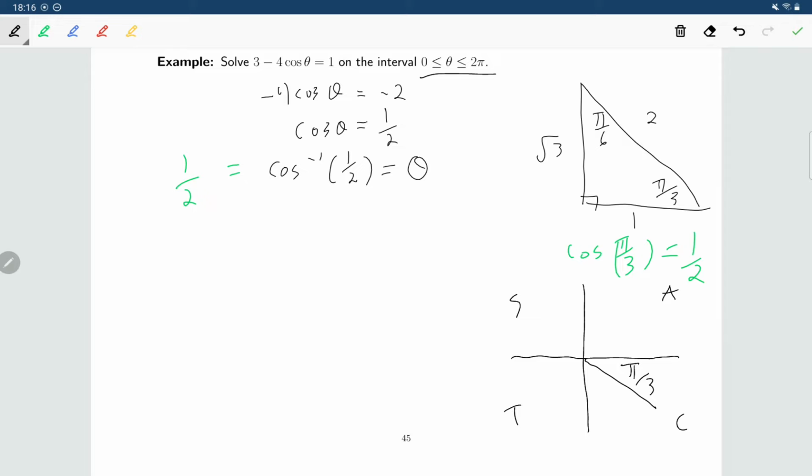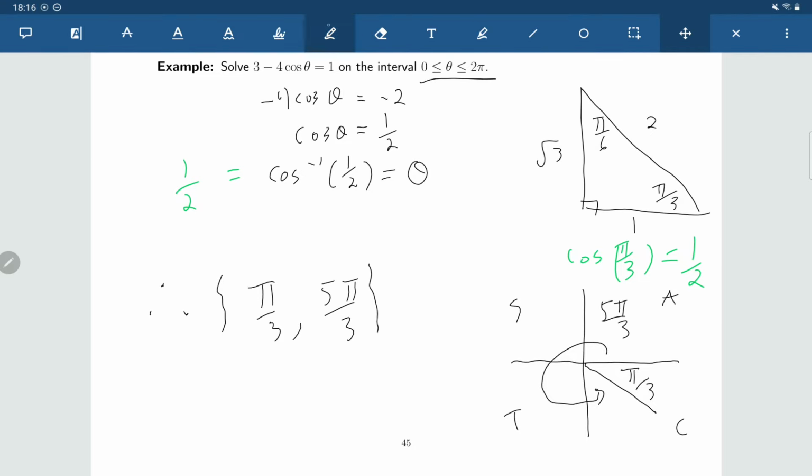So if we look at the angle that's got the reference angle of pi over 3 in quadrant 4, that would be the angle 5 pi over 3, that also has a value of 1/2 for cosine. Cosine of pi over 3 and cosine of 5 pi over 3 both have a value of 1/2. So our solutions here would be pi over 3 and 5 pi over 3.